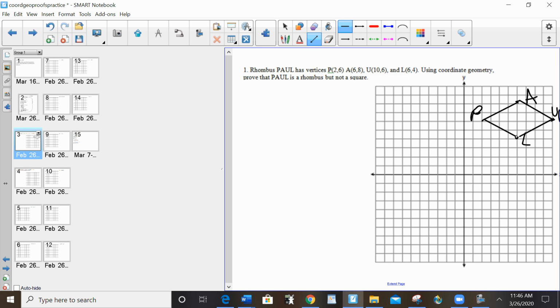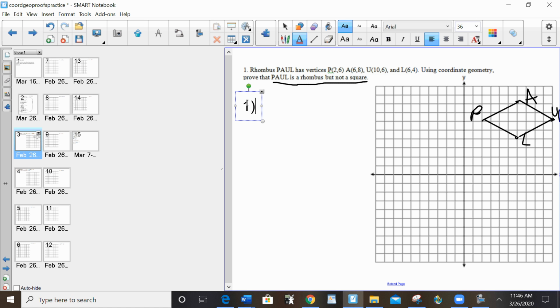So we always start with what they want us to prove. We want to prove that PAUL is a rhombus, but not a square. So I'm going to start by saying in component 1, I'm going to make this a lot smaller too.